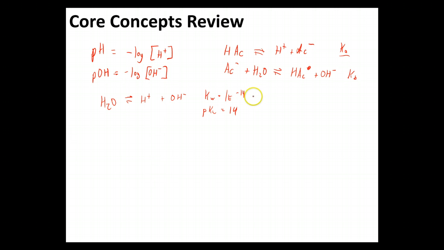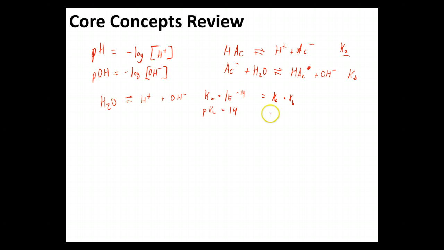So let's remember something important about Kw as well. Kw equals Ka times Kb. So this number has to equal these two things multiplied together.